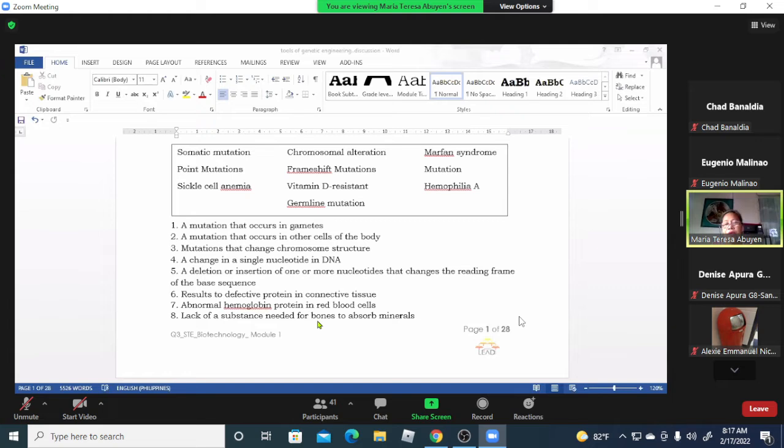So if the bone cell resists absorption of vitamin D, then definitely the bones will be affected.